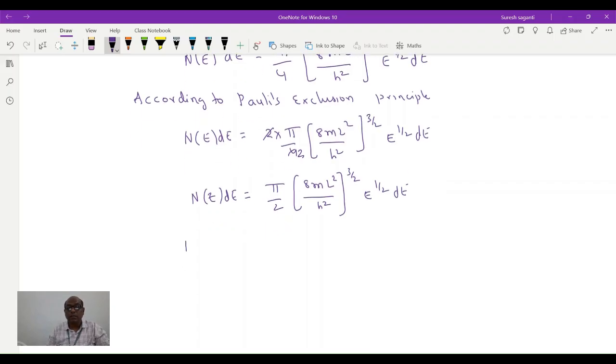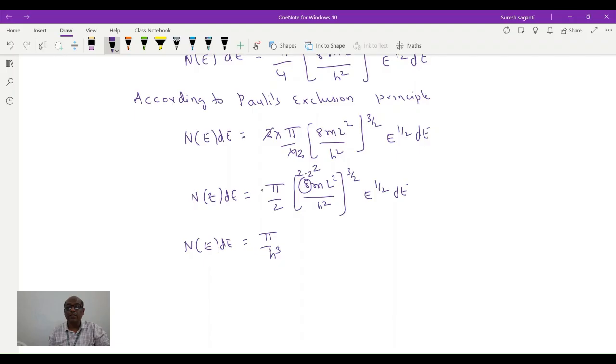So further n of E dE is equal to pi by, you see here h square whole power 3 by 2, so we can write it as h cube. And similarly 8, instead of 8 we can write it as 2 into 2 square. 2 square whole power 3 by 2, how much? 2 cube. 2 cube value is 8.